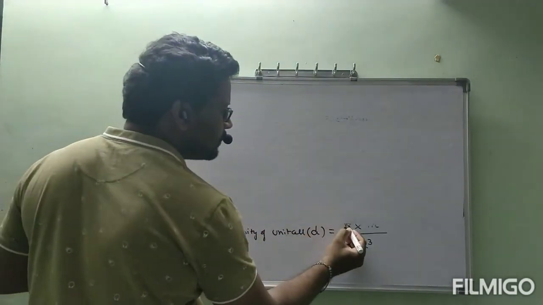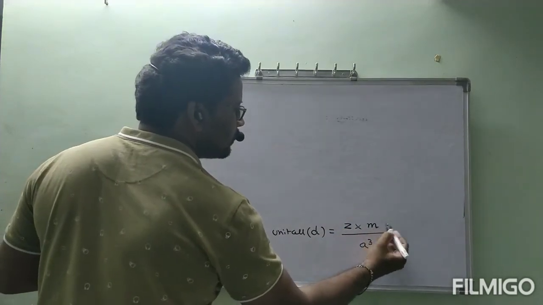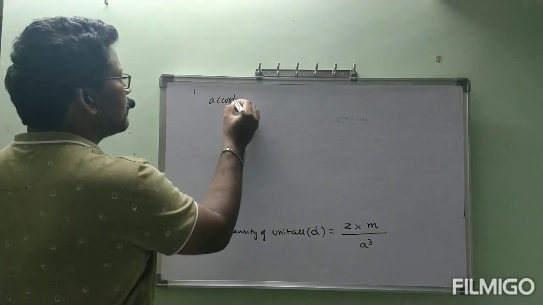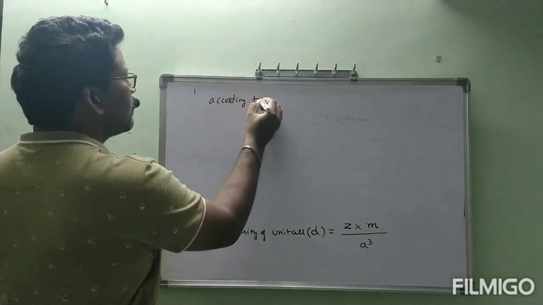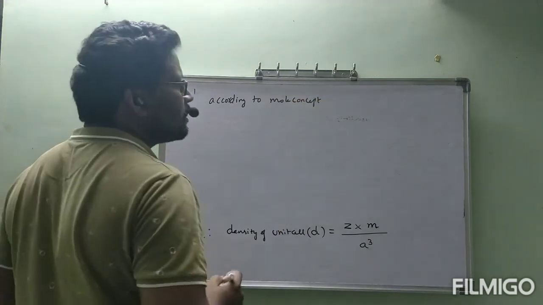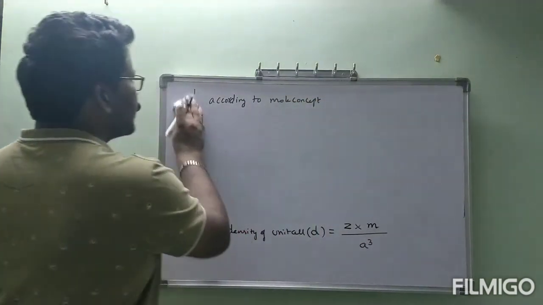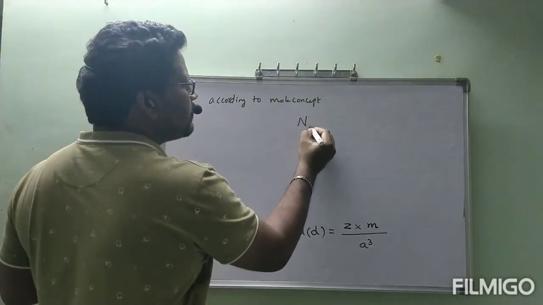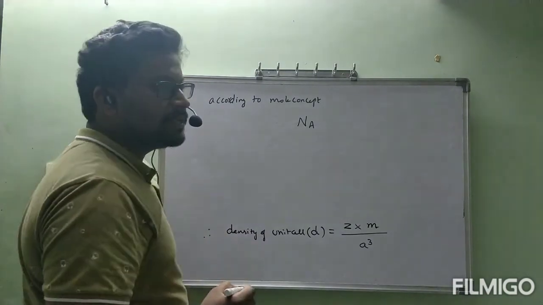According to mole concept, Na is nothing but Avogadro number.